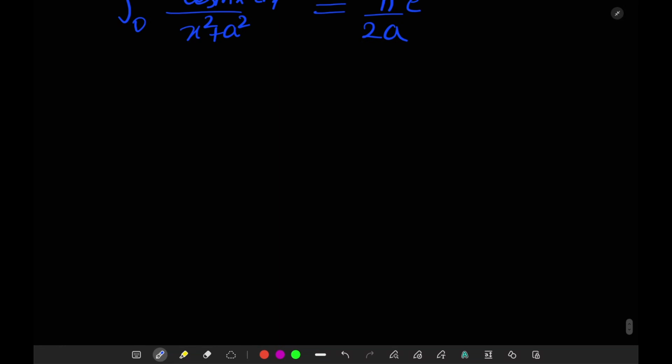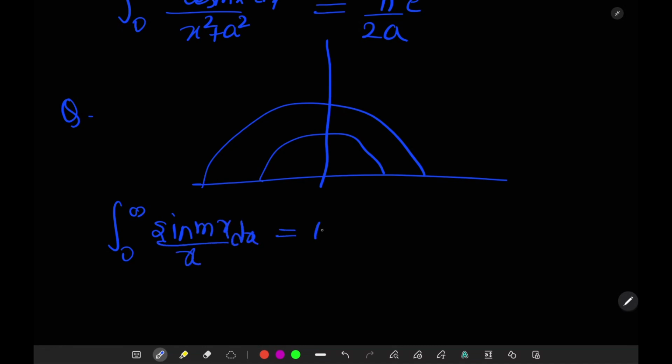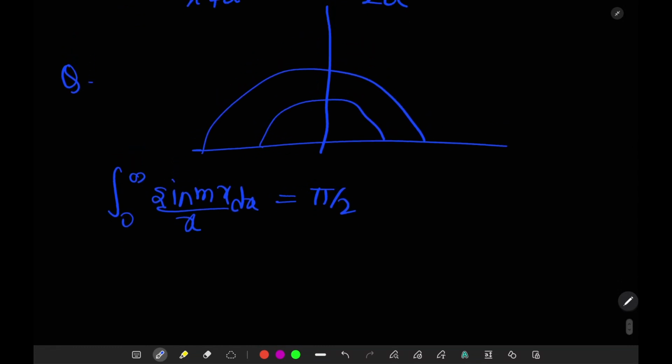Now let's do another question. This is the given diagram. We need to prove that integral 0 to infinity sin mx divided by x dx equals pi by 2. Here the direction of the contour is given.